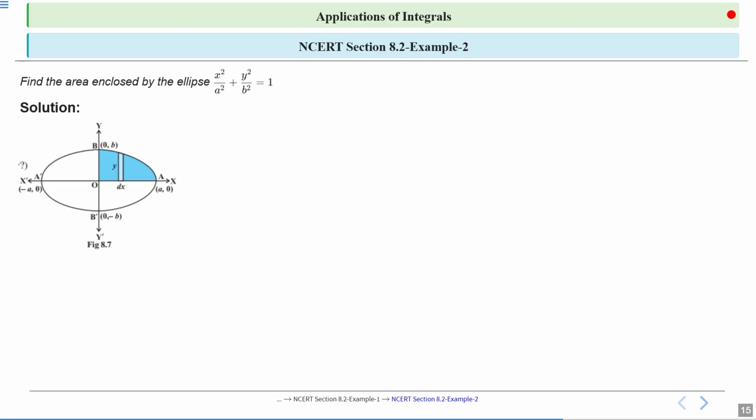As you can see the symmetry in this graph, if we calculate the area of the first quadrant, the area OABO, and multiply it by 4, we get the area of the entire region enclosed by the ellipse.